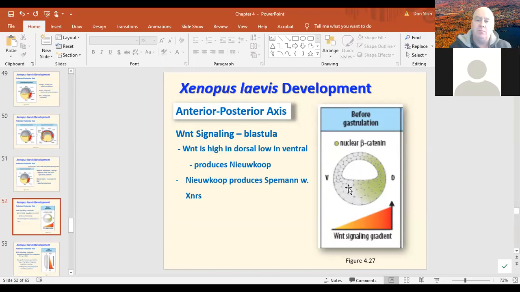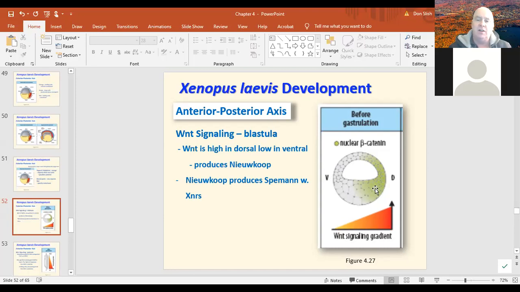So right here at the blastula stage, we have talked about this, where the sperm came in here, you get your cortical rotation, so you get Wnt signaling over here. Wnt signaling is beta-catenin. So there were, I think, 4 different things in this area that were dorsalizing, and they were all increasing beta-catenin. So your Wnt signaling is really high over here and low over here.